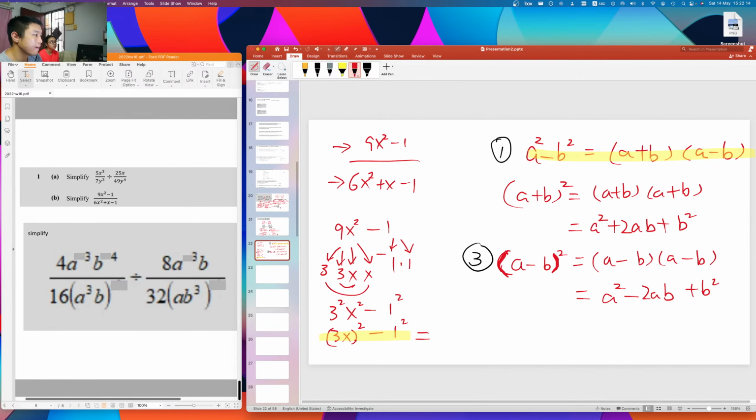So what do you get? Compare. So you write this formula. This is one of the formulas you need to memorize. a squared minus b squared is equal to (a plus b)(a minus b). So how do you write above? What do you think? Match. So a is 3x, plus b is 1.